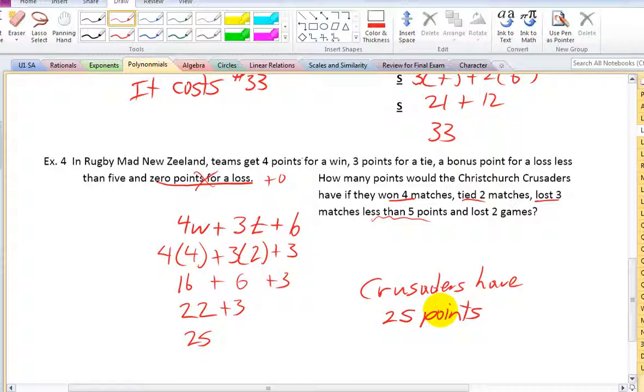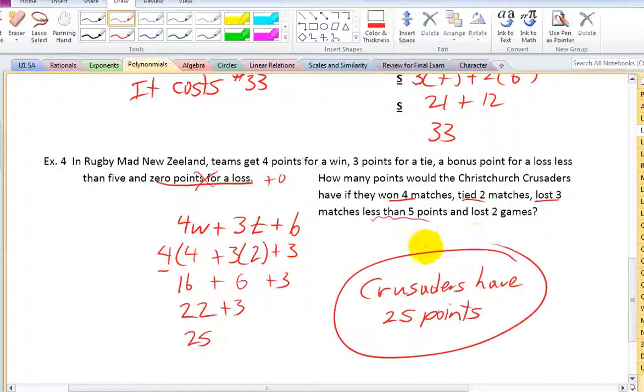Okay, so for the record, oh, did I screw something up here? 16 points because it's 4 for each match. 4 times 4. So this would be here 4 points and 4 games that they won. Okay, so 16 plus 6, that's 22. Plus 3, 25, is that right? Yeah. So they all together have 25 points.